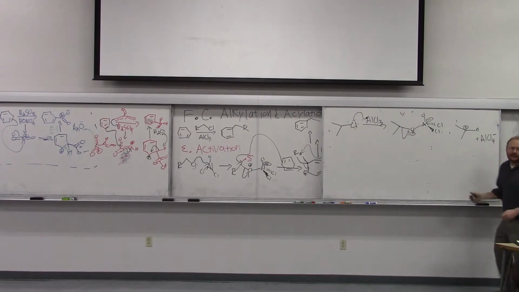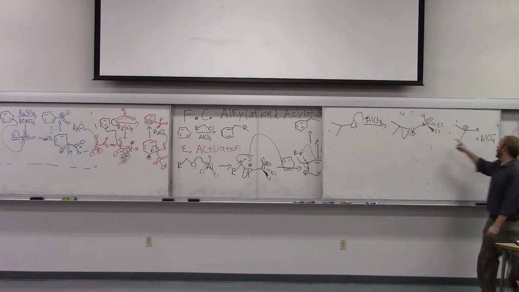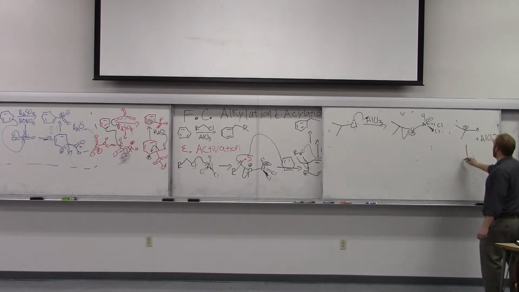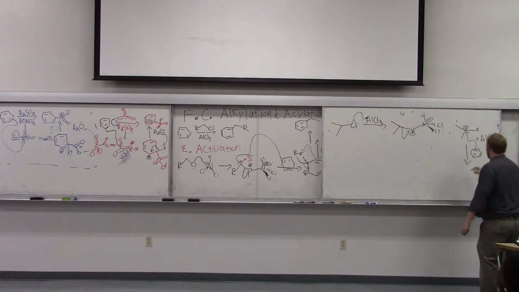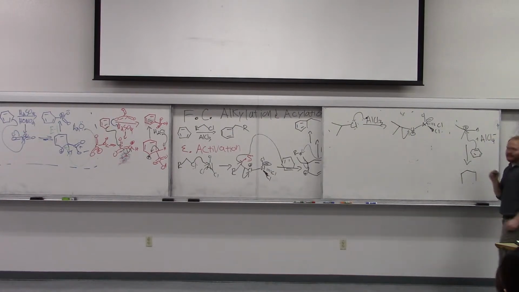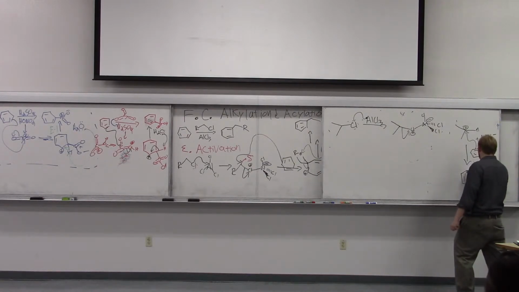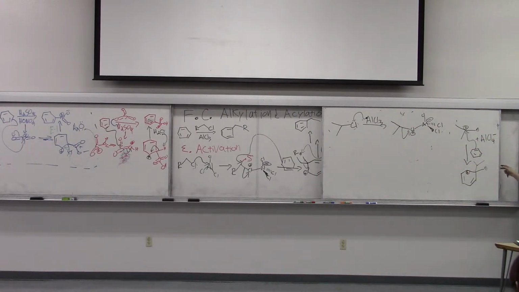Then, for this case, it becomes really easy, the same mechanism. Once we do this AlCl3 to form our carbocation, we can throw in our aromatic system. And the aromatic system will attack the carbocation through an electrophilic aromatic mechanism, giving us our cationic intermediate.